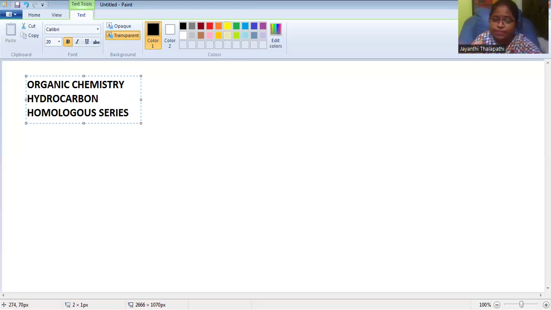So same symbols in series. Over here, the same symbols are carbon and hydrogen. So only carbon and hydrogen, but in series, the number of carbon atoms and number of hydrogen atoms might change.